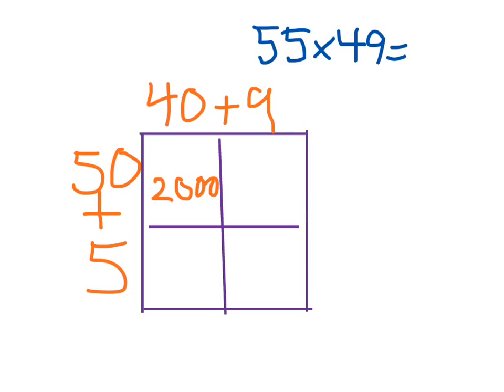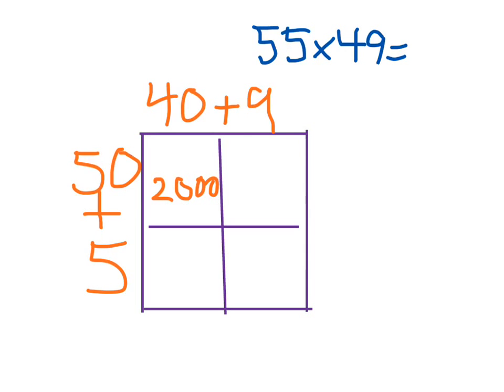So next, you should put 5 times 40, and I hope you know that 5 times 4 is 20, so you add the 0, it will be 200.